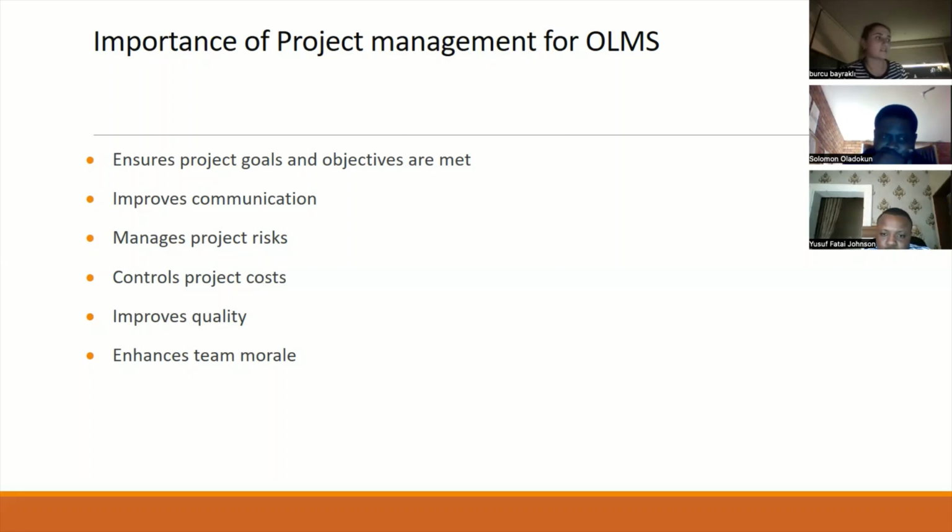The next one is that it controls the project cost. Project management helps to ensure that the final project meets the required quality standards, and it includes regular testing and review of the system to identify issues and make necessary improvements. The next one is that it ensures the project's goals and objectives are met, improves quality, and enhances team morale. Next slide, please.